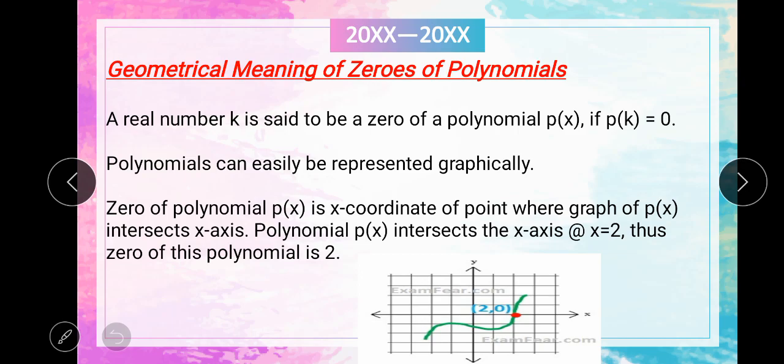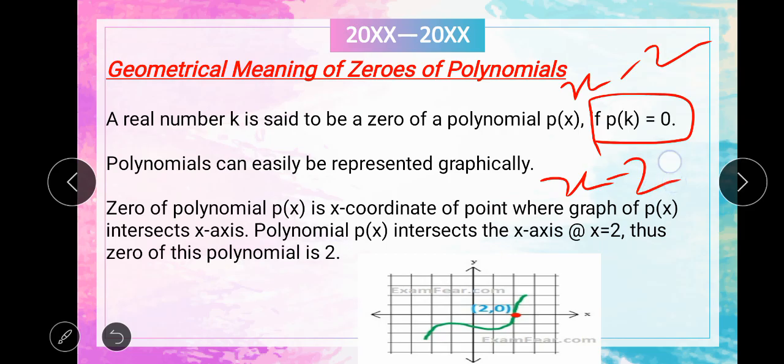Suppose we consider the polynomial x minus 2. Equate it with 0: x minus 2 is equal to 0, then we have x is equal to 2. This is the zero of the polynomial that you can see in the graph.